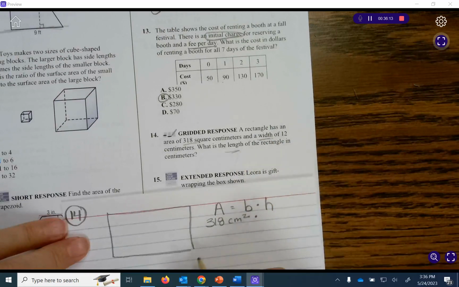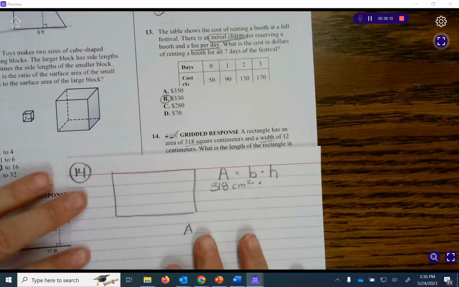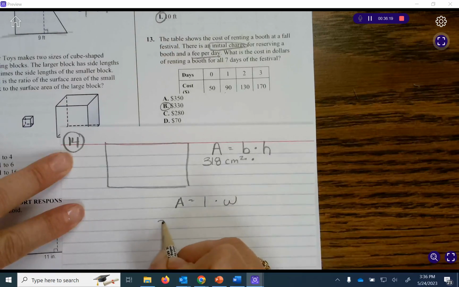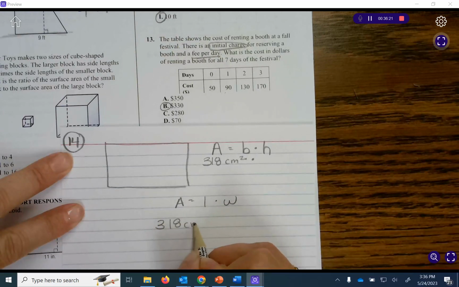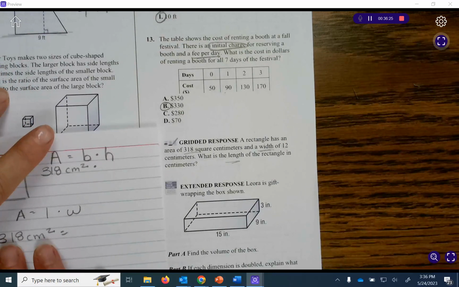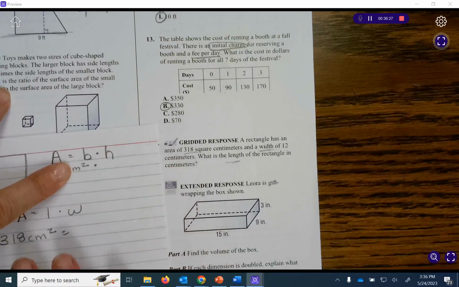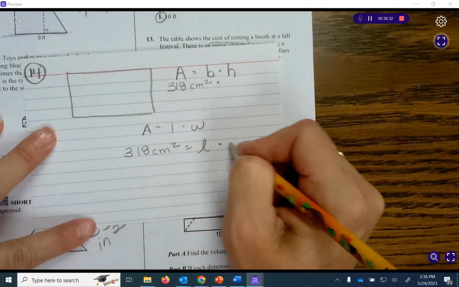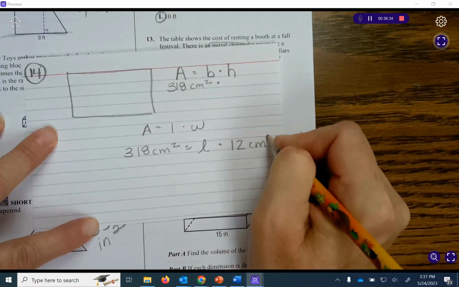Just so you know, you can write area equals length times width. So they have 318 centimeters squared equals 12, and we don't know the length.